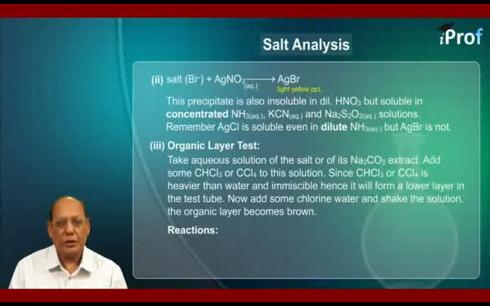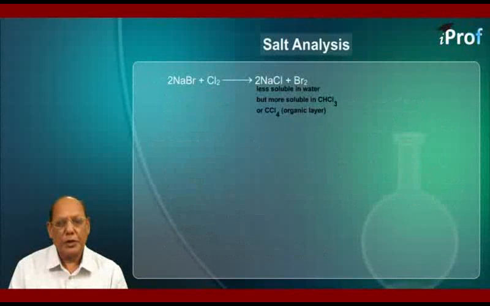The reactions are: Cl2/H2O, that is the notation for chlorine water, is an oxidizing agent. Hence, 2NaBr plus Cl2, we get 2NaCl plus Br2. This bromine, being less soluble in water but more soluble in chloroform or carbon tetrachloride, goes into the organic layer.